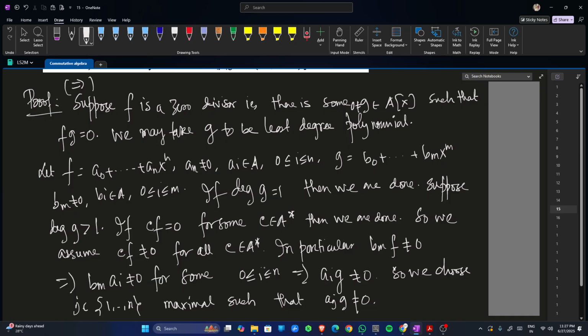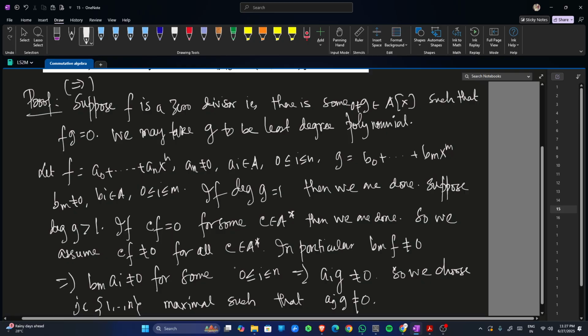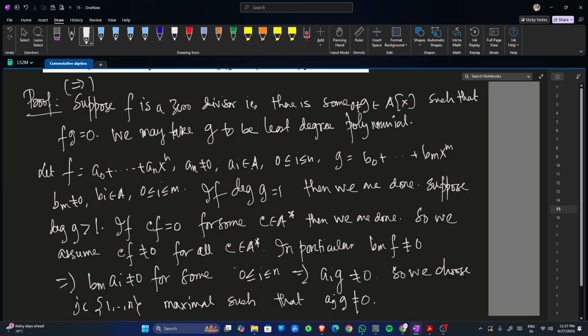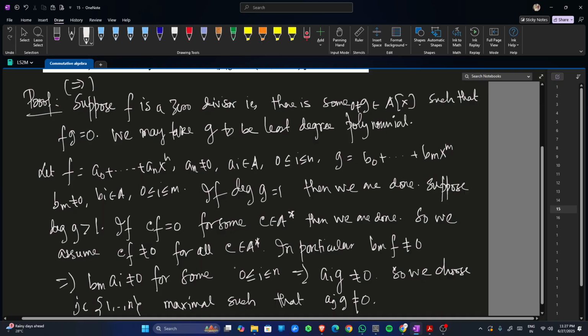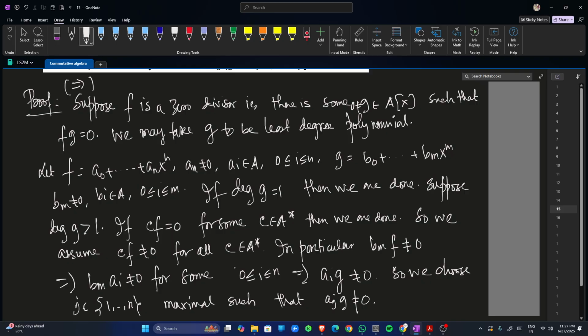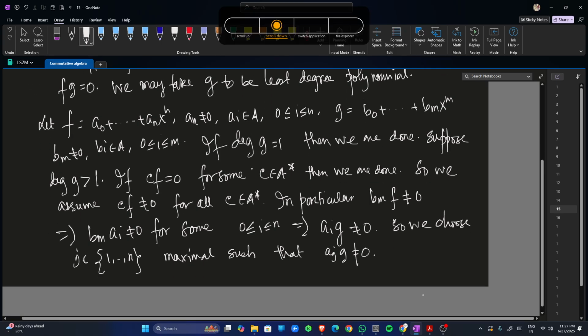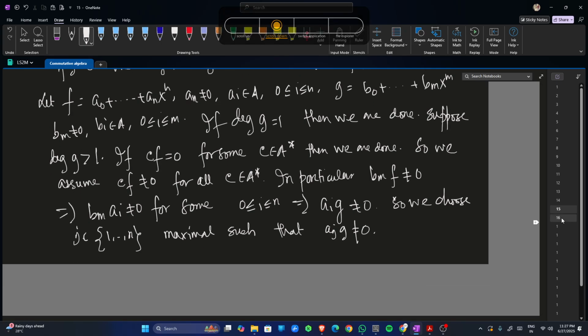We are taking the maximal j such that this condition holds. Suppose it holds for 3, 4, 5, 10, and is 0 for everything else. So we are taking for example 10, such that a_j g is not equal to 0.